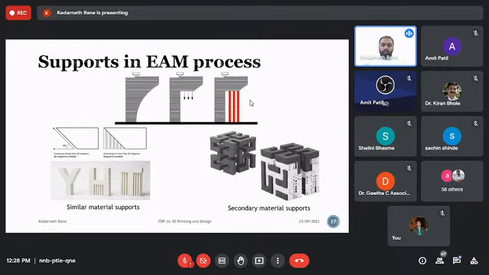One nozzle is used for the primary material, which is the actual part, and another for the secondary material. I will not go into more detail about the interface, how much clearance you require, and all these aspects. But a lot of research is going on in this area, and there are some commercial machines also available to cater to this kind of challenge.